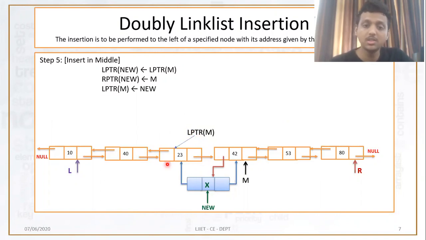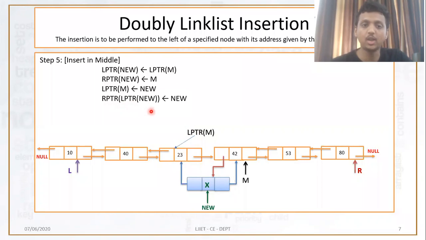But now this node is not LPTR of M because LPTR of M is already cut down. So what is the name of this node? Now it becomes LPTR of new. See, LPTR of new. So the right link of LPTR of new should point to new. So what I need to write?